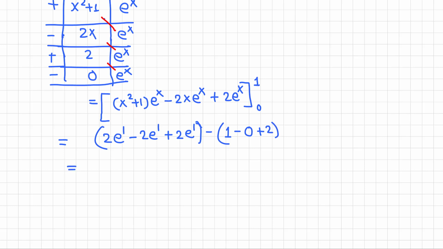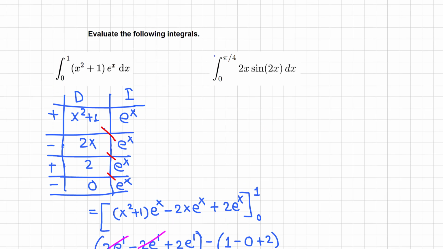So on the left, 2e minus 2e cancel. Then we have 2e minus 1 minus 0 plus 2, which is 3. So 2e minus 3. This is a decimal number, just leave it there. 2e minus 3. Final answer.